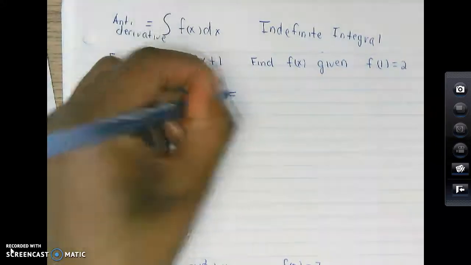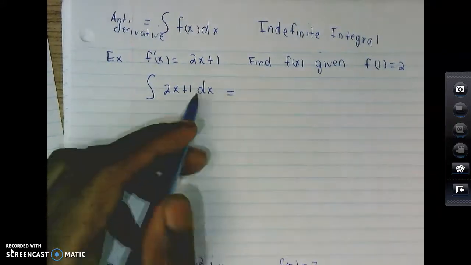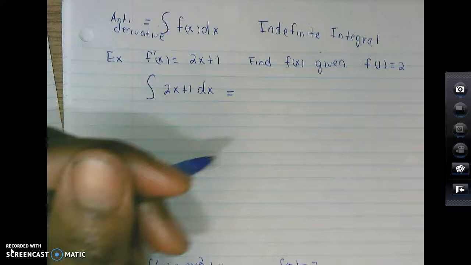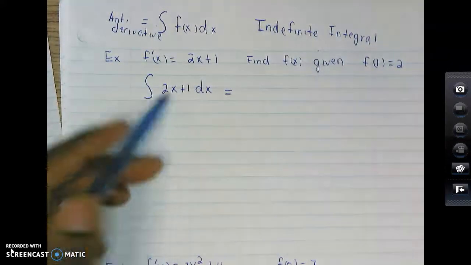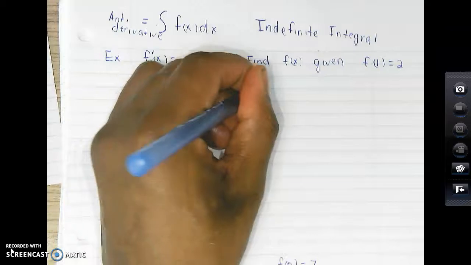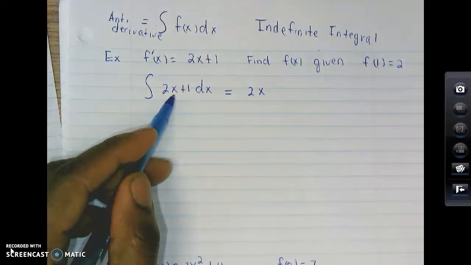And so now keep in mind, when we integrate for the indefinite integral, we need to make sure we put our plus c at the end, so let's not forget that. But here we're going to get 2x, and remember we take our exponents and we increase it by 1.